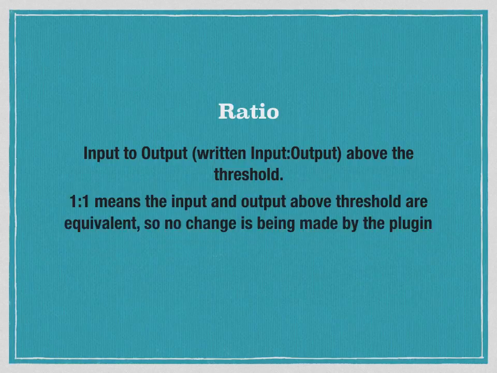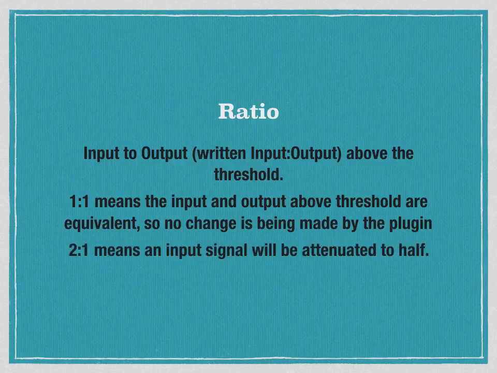If we have a 1-to-1 ratio, which means for instance 1 decibel input to 1 decibel output, then nothing will happen. The plugin is not going to make any change to the signal. Whereas if we have, for example, a 2-to-1 ratio, it means an input signal will be attenuated by half, or cut in half. So the processed signal would be half the amplitude of the unprocessed signal.